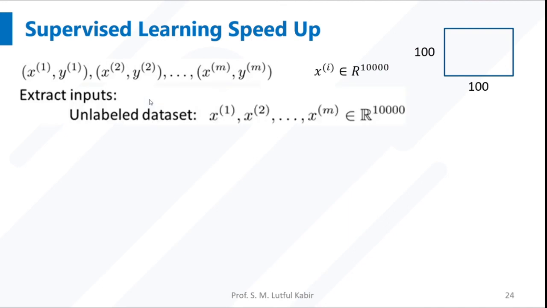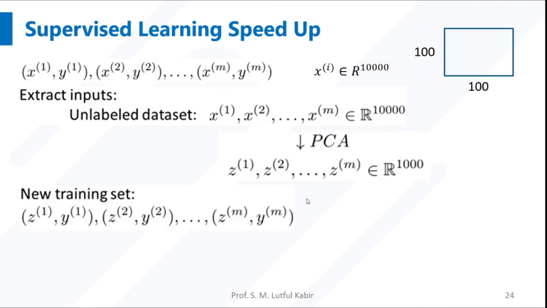What you do is extract the inputs x1, x2, x3 up to xm, of order 10,000. This is now an unlabeled data set because you have temporarily removed y. Then you apply PCA and you get z1, z2, up to zm, in the order of, say, 1000.